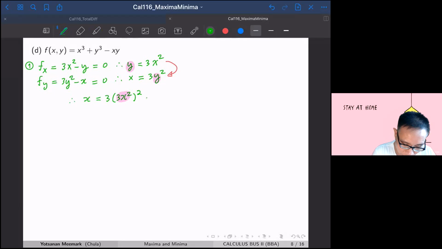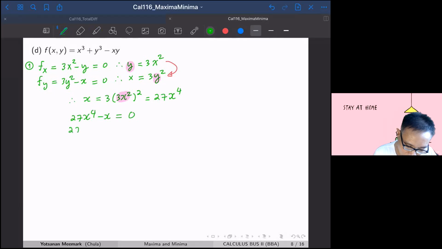This would give me 27, and you have x to the 4th. So you get x equal to 27 x to the 4th, and subtract x, equal to 0.